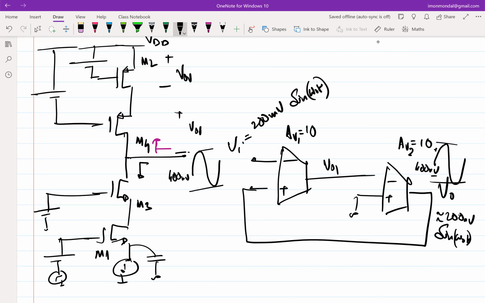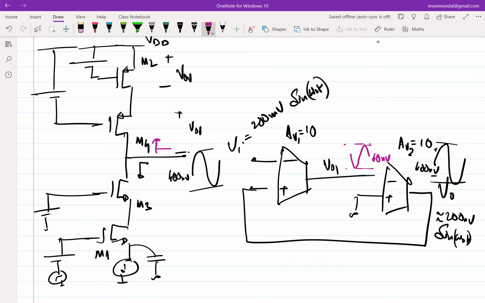What is the gain of the second stage? 10. So how much should the input swing by if the output swings by 400 millivolt? 40 millivolt. One of the input terminals is grounded. The other terminal has to swing by 40 millivolt. Direction? Reverse, right? So essentially this reverses and this will be 40 millivolt.